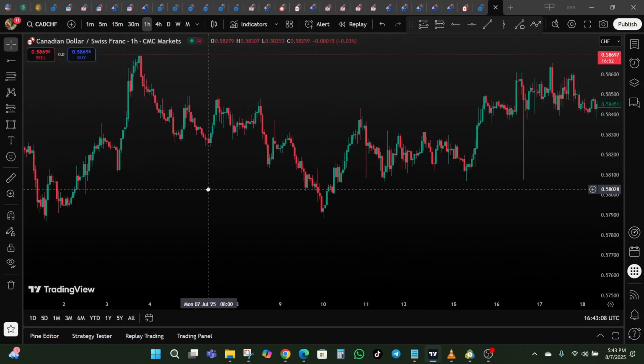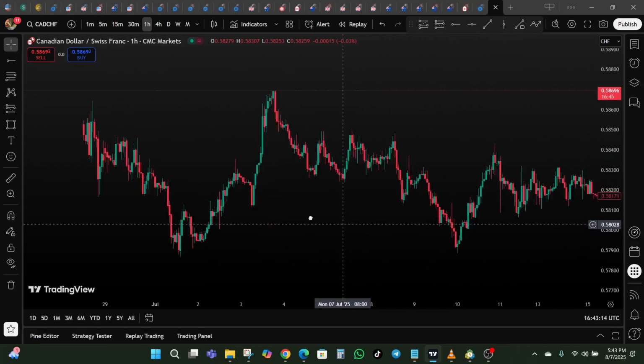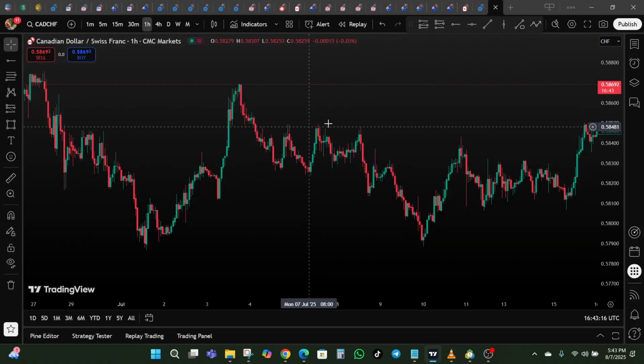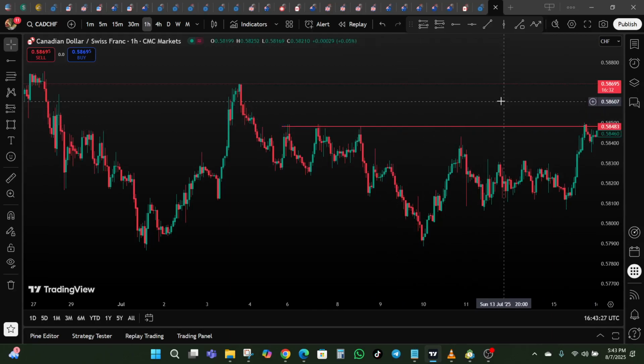Let's look for equal highs or lows. I think we have equal highs around here. So basically, when you identify equal highs or lows, the strategy says that you have to wait for a fake out above or below these levels.